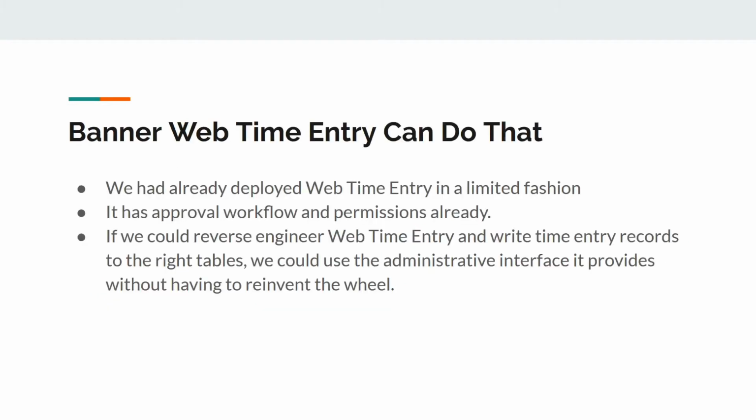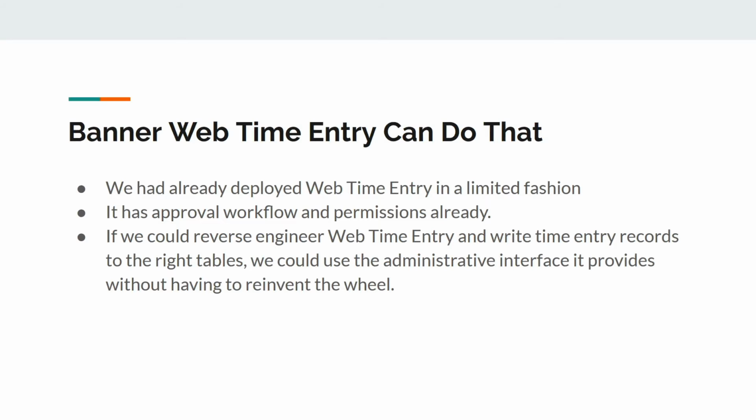What we realized was that really Banner Web Time Entry did a lot of the stuff that we already needed. It could do clock in, clock out. It had approval workflow and permissions. It has a nice dashboard. It has everything that we need. The only real problem is it's just so slow to use. We needed some way to interface with it that would be a lot faster for people to use.